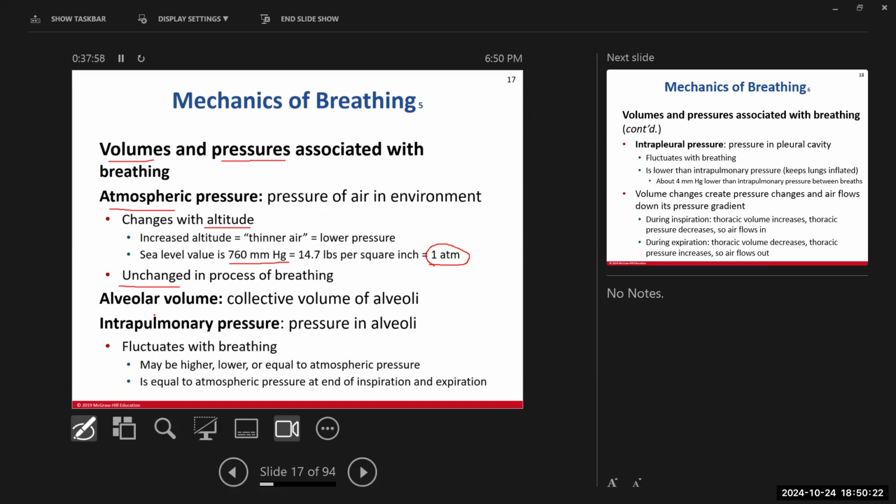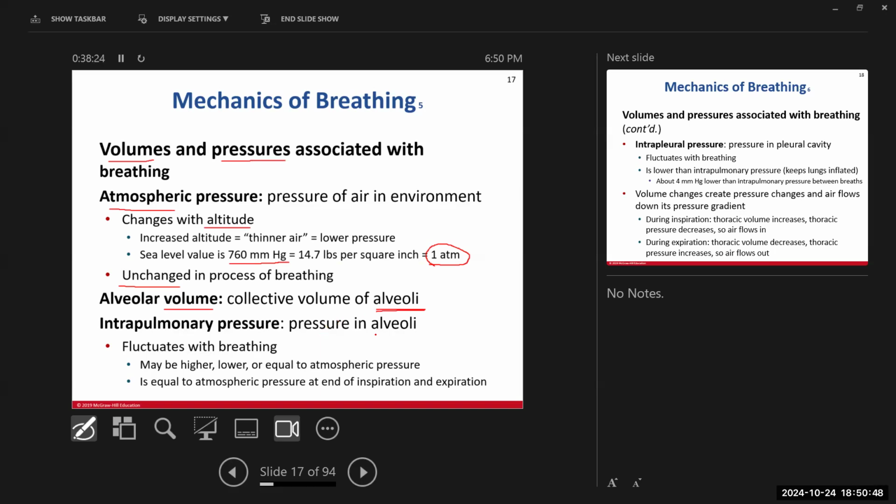Now, alveolar volume. We're going to be talking about space, area and whatnot. When we're talking about alveolar volume, we're talking about the volume of all the alveoli in your lungs. Then our next term is the intrapulmonary pressure.